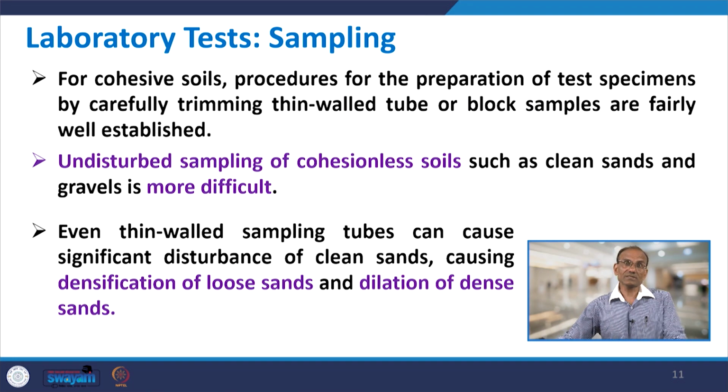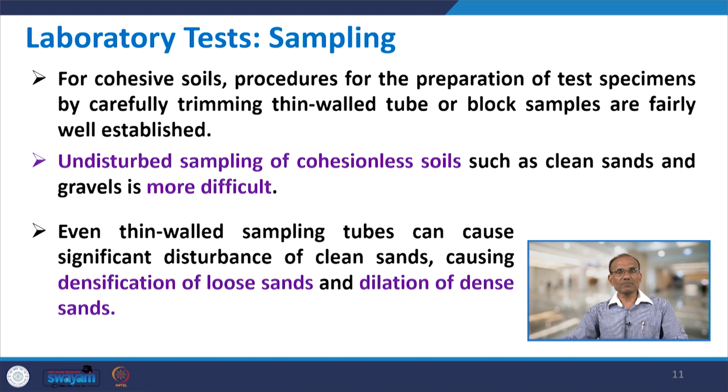For cohesive soils, procedures for the preparation of test specimens by carefully trimming thin wall tube or block samples are fairly well established. Undisturbed sampling of cohesionless soils such as clean sand and gravel is more difficult.